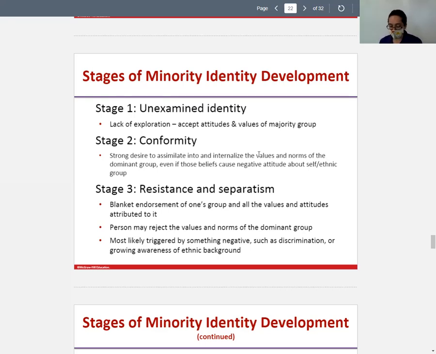So you may have more of a desire to assimilate into the dominant culture and express more positive attitudes about the dominant culture. So if you're a person of color living here in the United States in a majority white area, you might try more to assimilate to whatever the white culture is in that area.